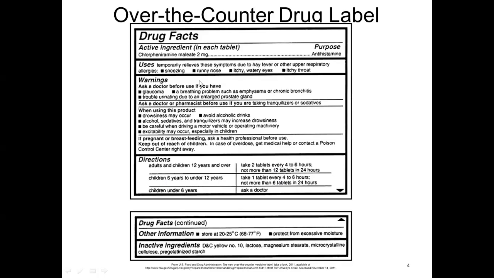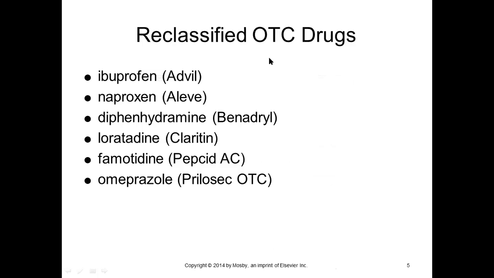So this is the very basic labeling information on drugs, like antihistamines, right? When you buy, you have to read it. Before you buy, you better read and then buy.